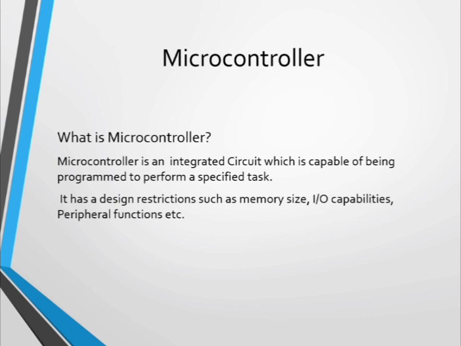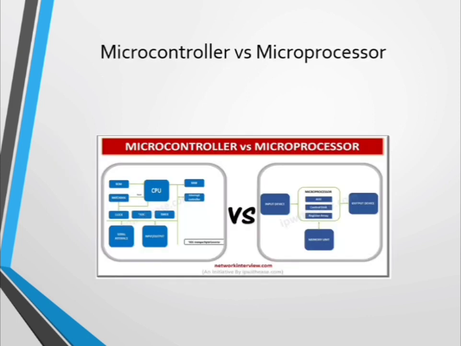Now, let us look into the difference between the microcontroller and microprocessor. We know that both play an important part in designing electronic components, but there are some differences from which we can classify them. Some of the major differences are as follows.